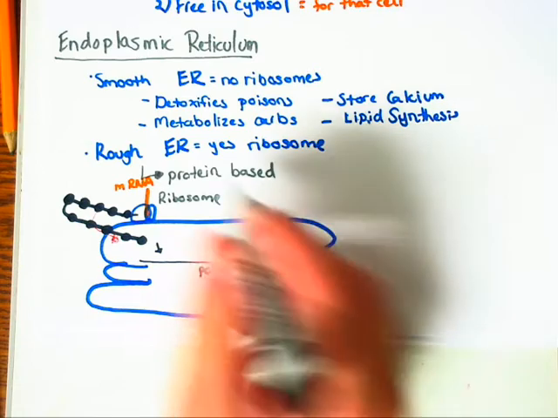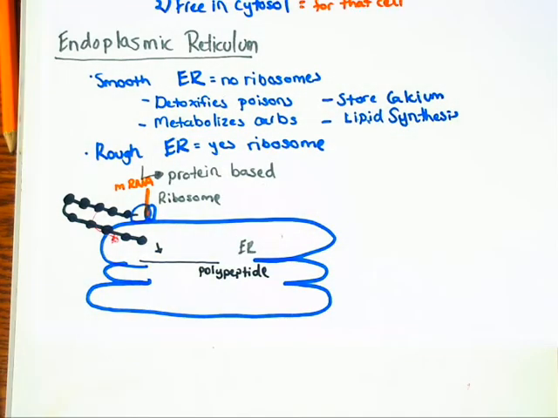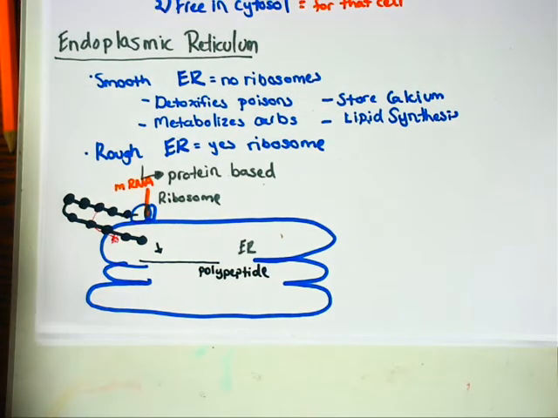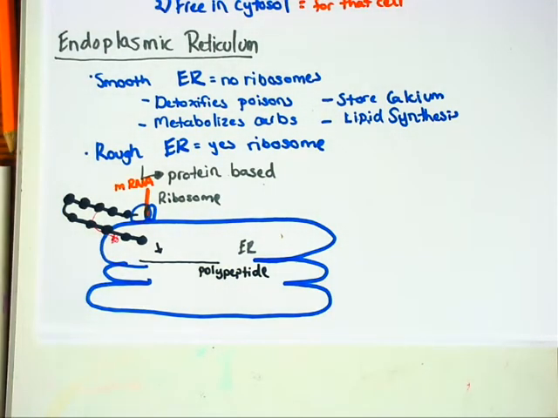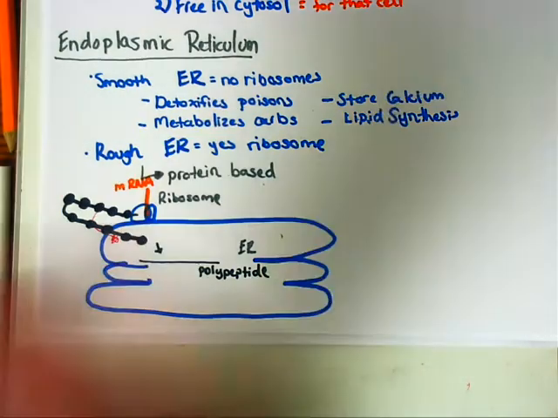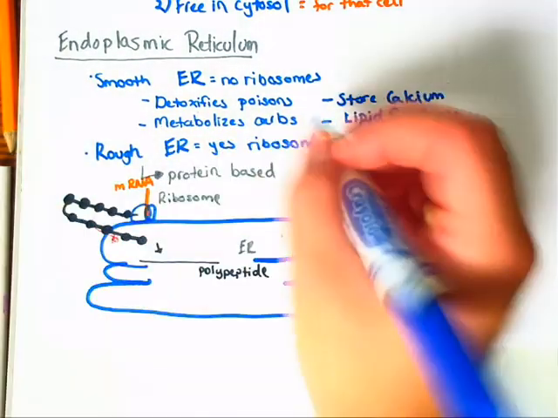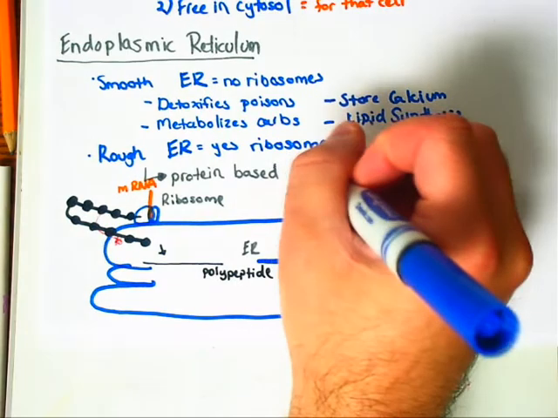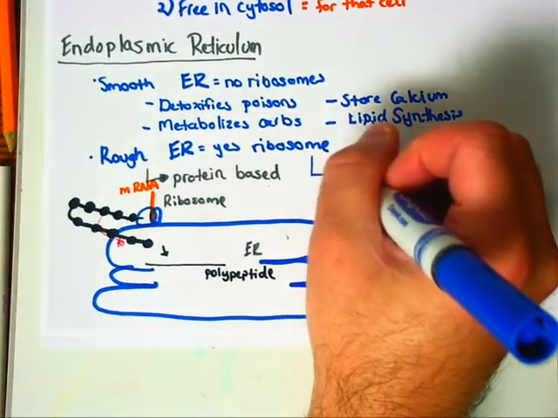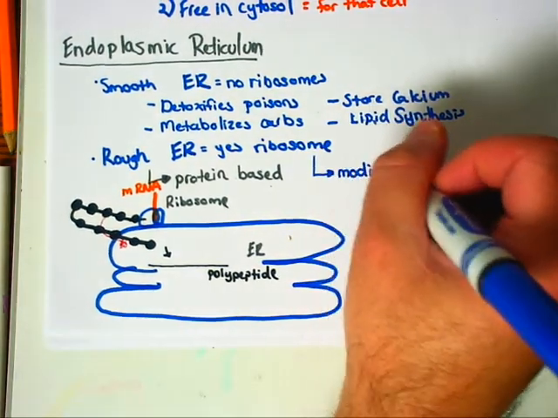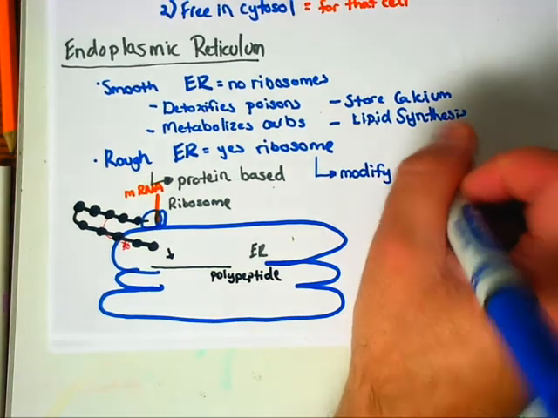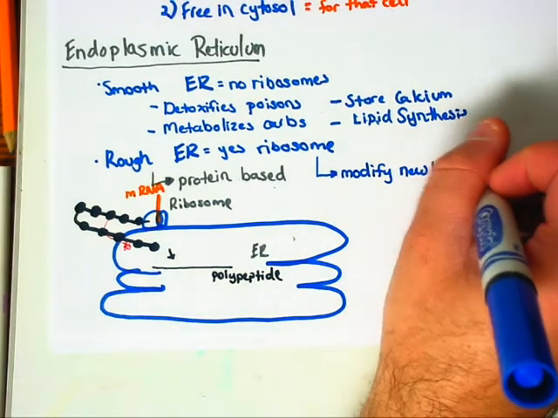Now it's in here in this rough ER that this protein-based production center is actually taking and modifying the proteins. So in your rough ER, its overall function is to modify newly produced proteins.